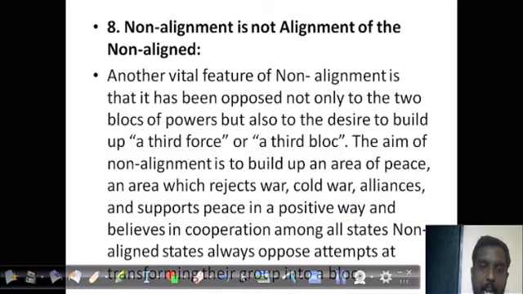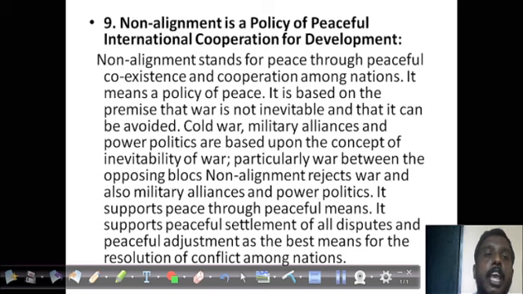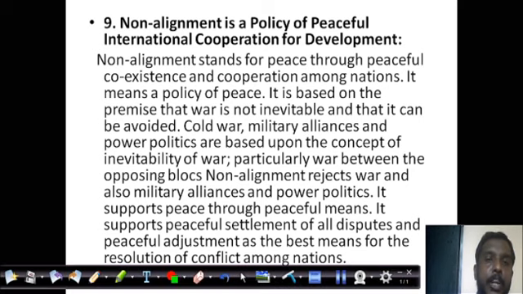Coming to the ninth one, the last one. Non-alignment is a policy of peaceful international cooperation for development. This feature gives prominence to the non-alignment movement even in the current world. It is a policy of peaceful international cooperation for development. It stands for peace through peaceful coexistence and cooperation.